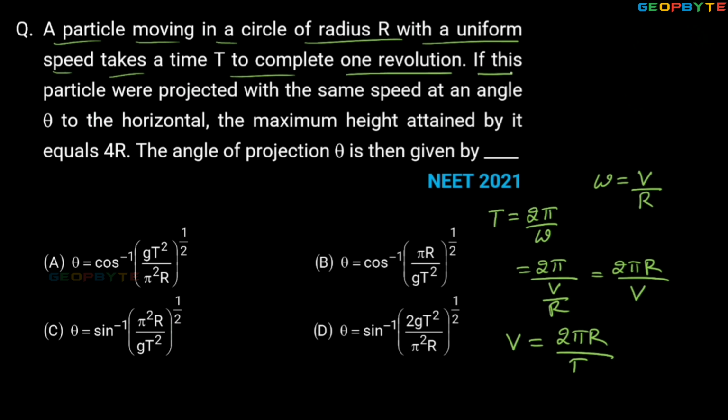If this particle were projected with the same speed at an angle theta to the horizontal, the maximum height attained by it equals 4r. If the same particle, whatever it is maintaining the circular motion, is projected at an angle theta with respect to horizontal and reaches a maximum height 4r, then what is the angle of projection theta?